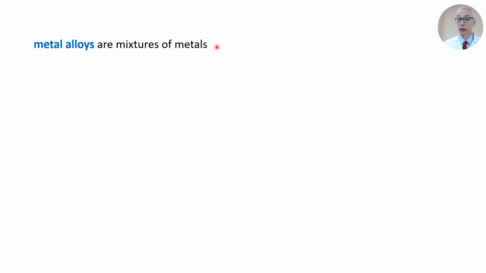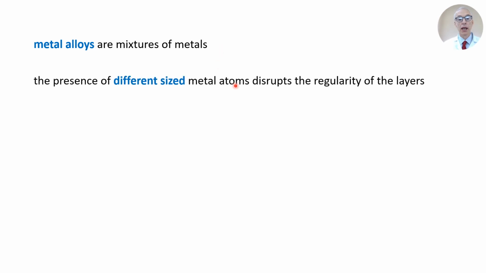To make metals more practical, more usable, metal alloys are made, which are mixtures of metals. The presence of different sized metal atoms disrupts the regularity of the layers that one sees in pure metals.